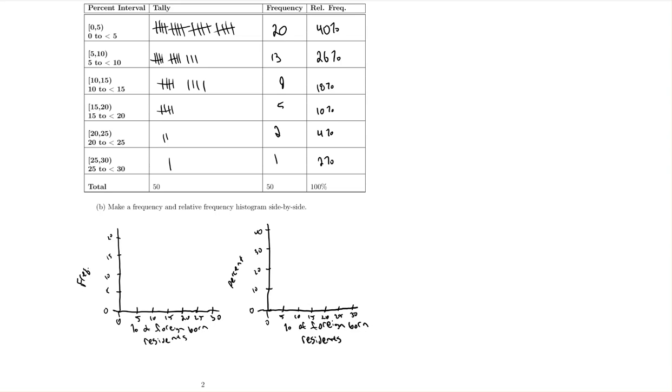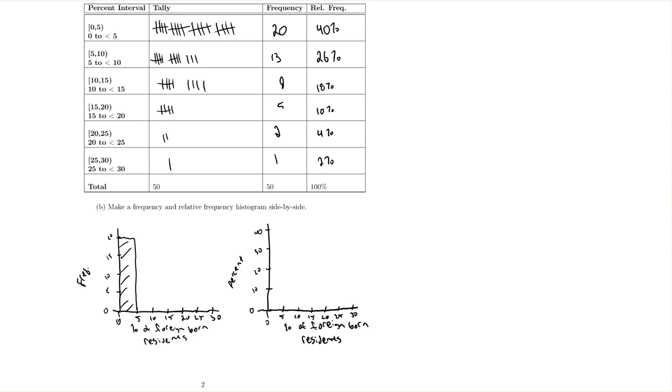What I do next is I want to make my bins or my bars, whatever you would like to call them. So since there was 20 states that fell into the 0 up to 5, but not including 5 bin, I'm going to have a bar that goes up to 20, and I'm just going to fill it in like that.